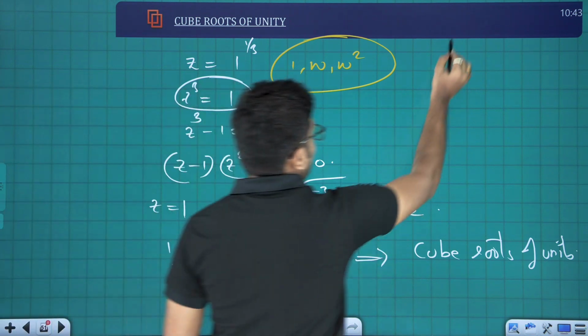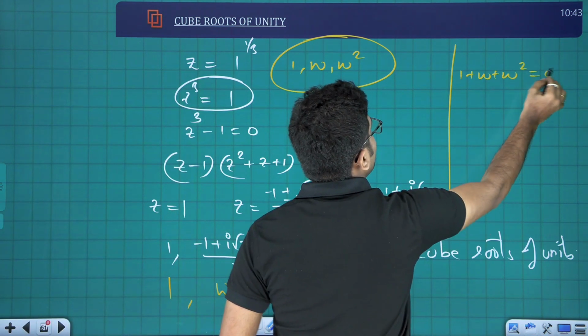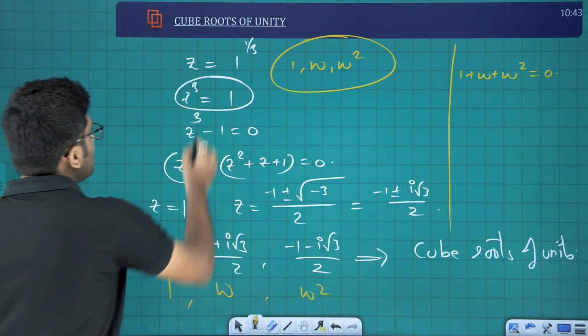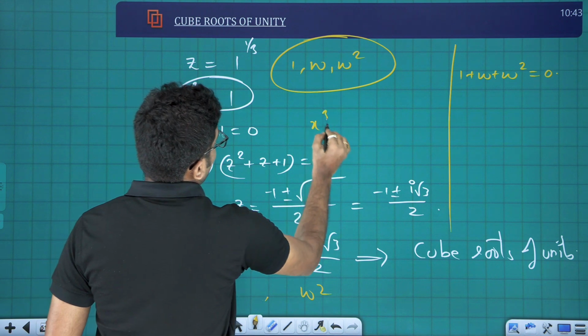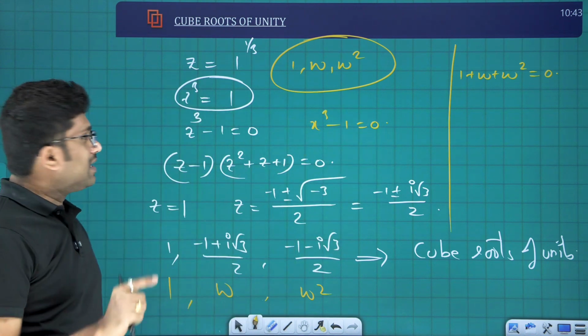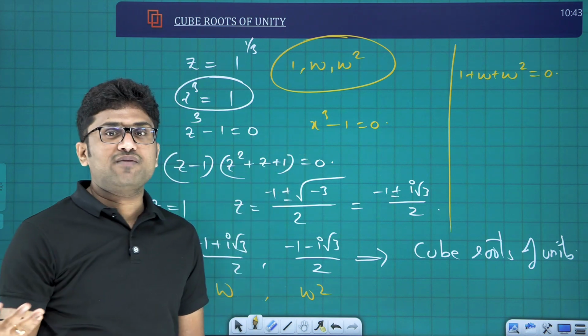Now the properties of cube roots of unity: the sum of the cube roots of unity is always equal to 0. Sir, how? See, friends, z cube minus 1 is like x cube minus 1 equals 0, no? It's a polynomial equation. If alpha, beta, gamma are the three roots of this cubic equation, what is the sum of the roots?